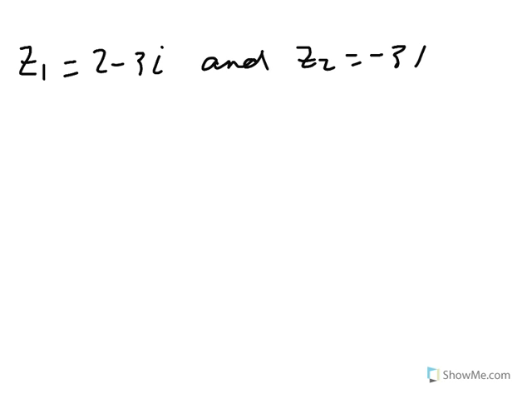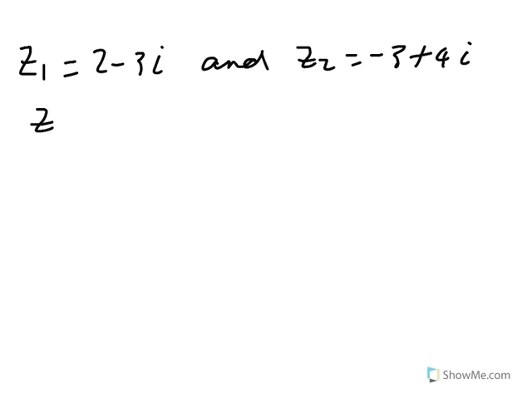Okay, so let's have a look at a couple of examples. Here we've got z1 equals 2 minus 3i, and z2 is negative 3 plus 4i.